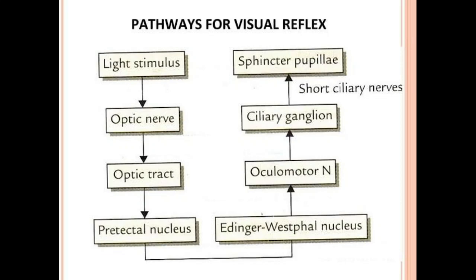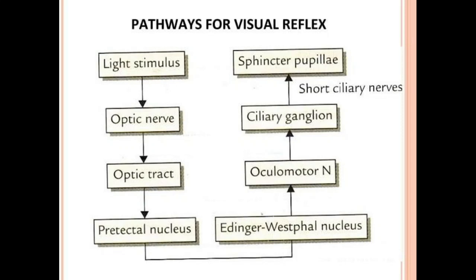Fifthly, the pretectal area sends signals to the Edinger-Westphal nucleus, EWN for short, in the midbrain, which contains the preganglionic parasympathetic neurons that control the sphincter pupillae.